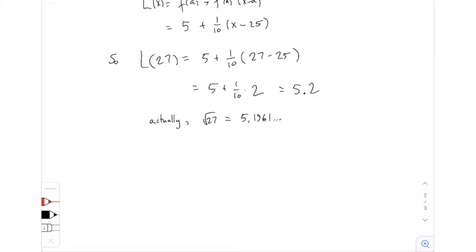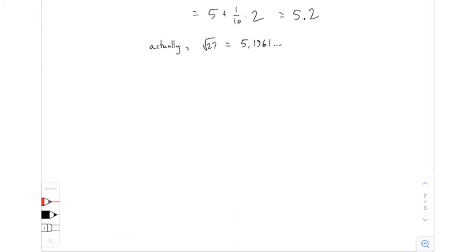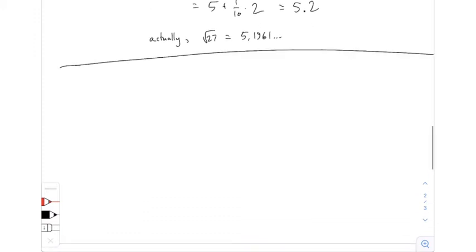Okay, I'm going to do one more example, which doesn't have to do with the square root. All the examples we've done so far have been about square roots. Then I got one for you all to try, and then we'll talk about something else. This is more geometric, I suppose.